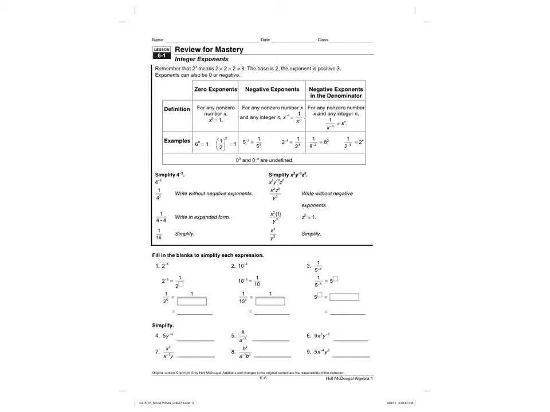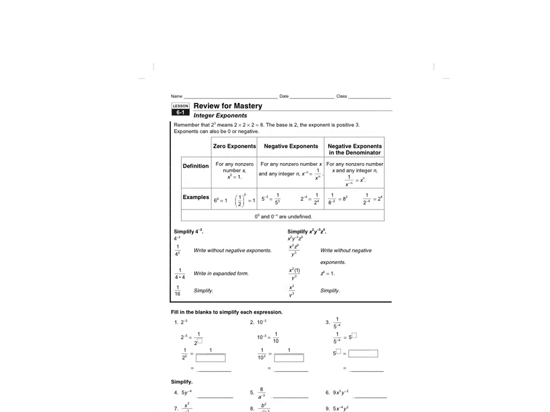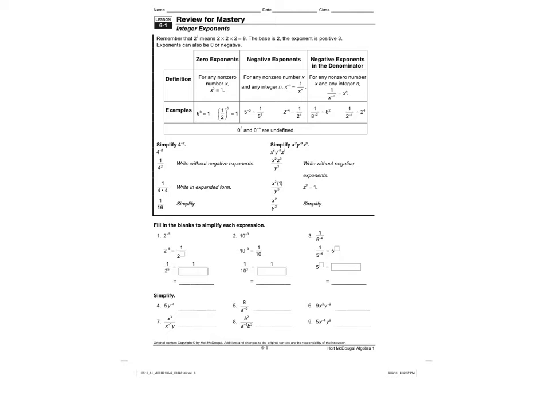You also need to know what to do when the exponent is a 0. So for the test for tomorrow, focus on questions 1 through 3. Okay, I know on the quiz we did the questions 4 through 9, but for the test tomorrow, know what to do with the negative exponent.